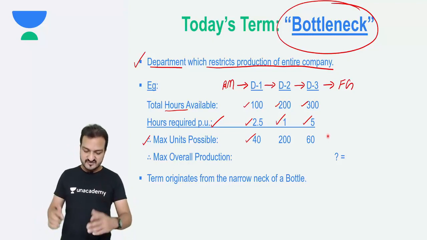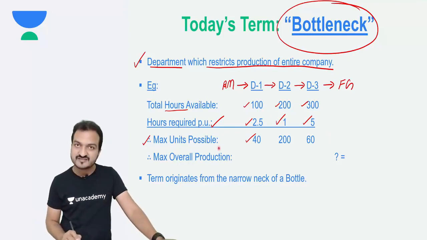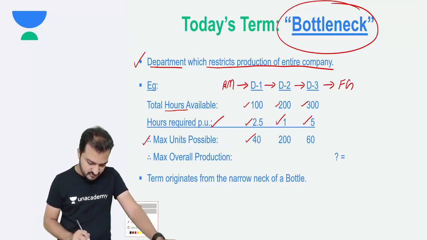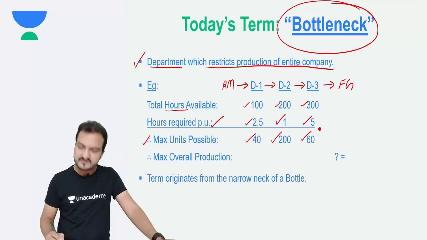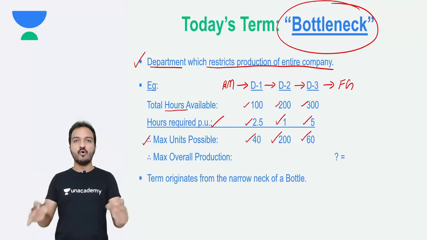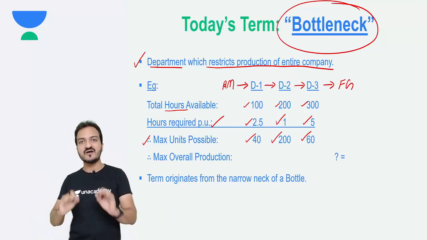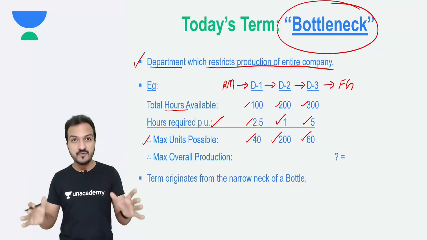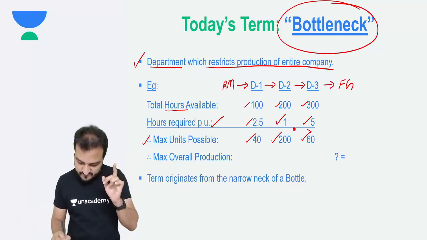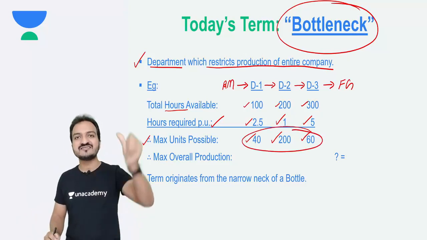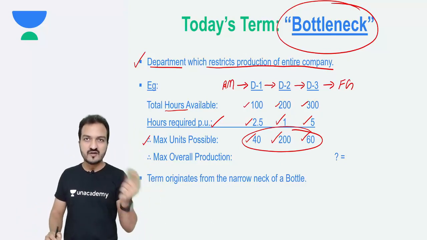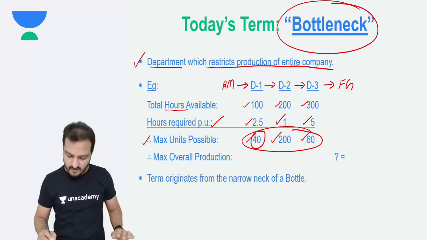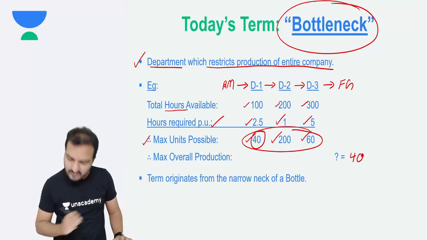This is the maximum production capacity of each department. Now, what will be the overall maximum production of the company as a whole? It will be whichever is lowest out of these three: 40, 200, 60. The lowest is 40. So the maximum overall production possible is only 40.